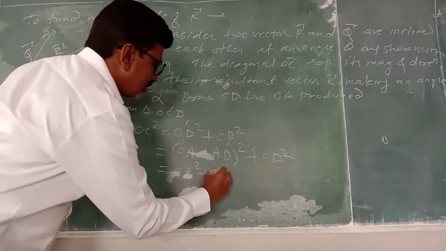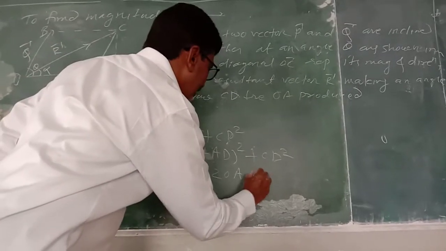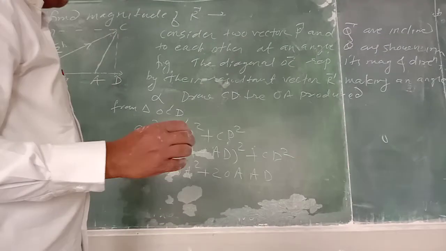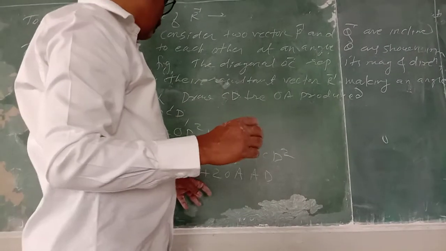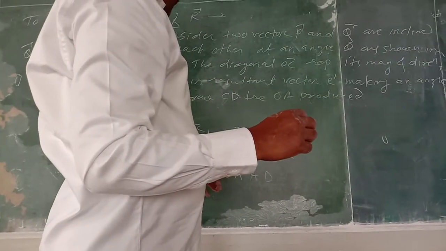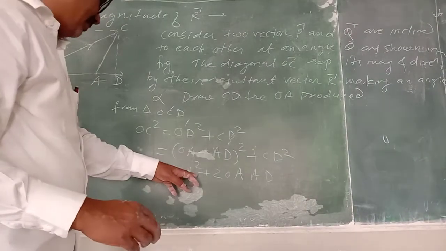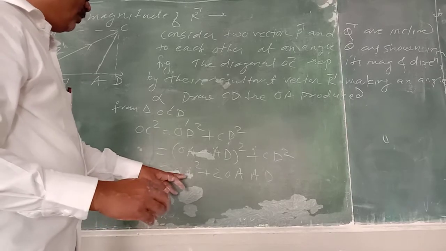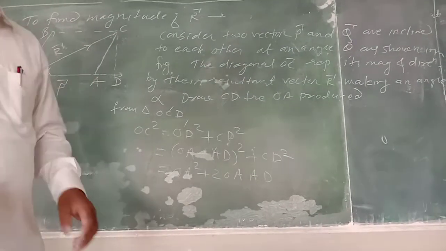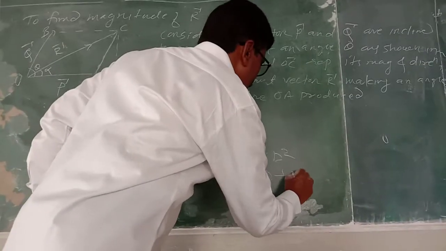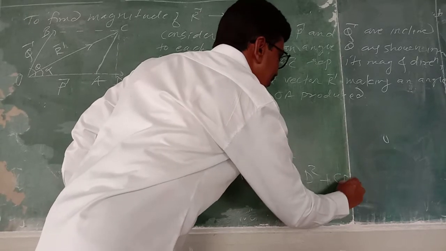OA square plus twice OA into AD plus AD square plus CD square.